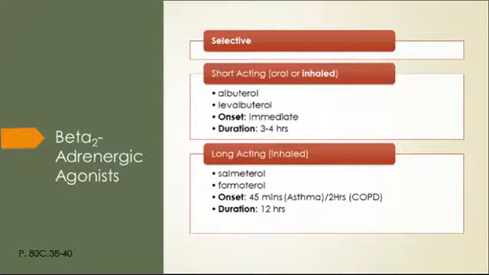Beta 2 adrenergic agonists. These are the best ones because they're selective. They specifically work on the beta 2 in the lungs and don't have as much impact on your beta 1 or your heart muscle, heart stimulation.